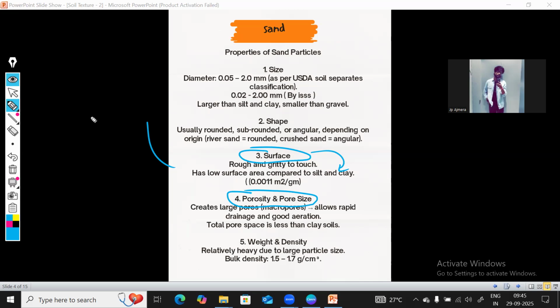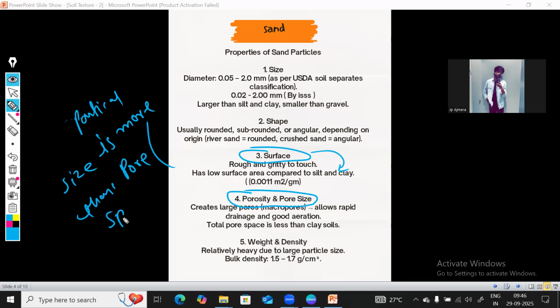Okay, so what we learn here is that when the particle size is more, the pore space created in between them is less.